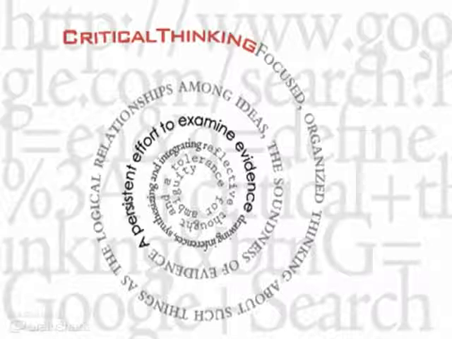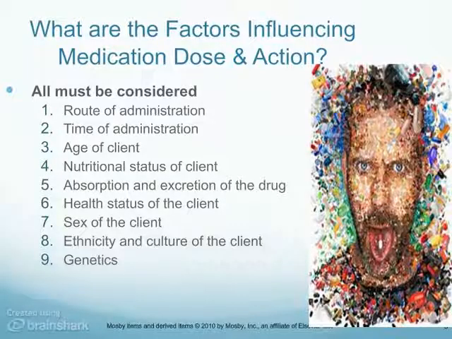And we need to be focused and organized in our thinking. When we give medications, we need to think about a lot of different things. It's not, as I mentioned, just giving a pill to one person. We have to consider what route do we need to give the medication, what time, the age of our client. Anytime you get to the age extremes, pediatric or the elderly, we also have increased risks that they will not tolerate the medication as well. Dosages need to be more exact.